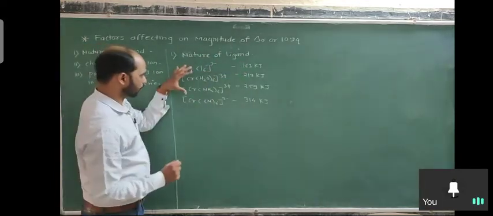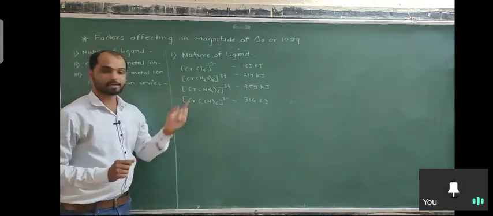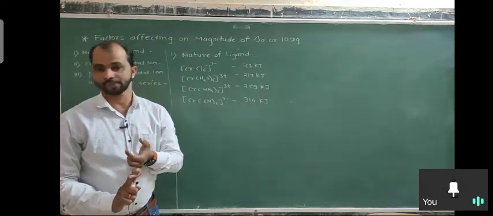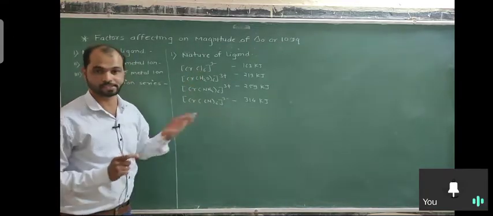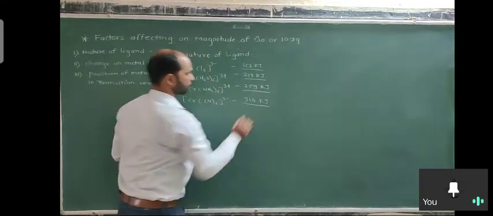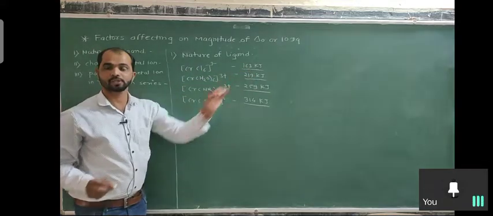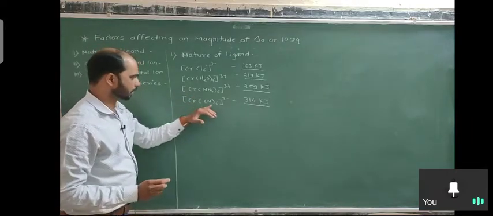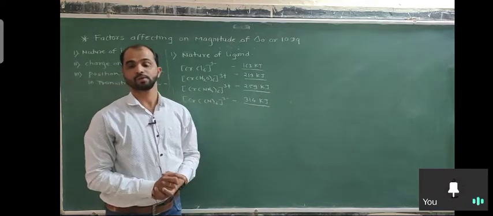There are 4 examples given to you. In all 4 examples the central metal ion has the same oxidation state and is the same metal, chromium in a +3 oxidation state in all 4 complexes, and their 10 Dq value is given. In the first, CrCl6 3-, the 10 Dq value is 163 kilojoule per mole, while in Cr(CN)6 3-, the 10 Dq value is 314 kilojoule per mole.